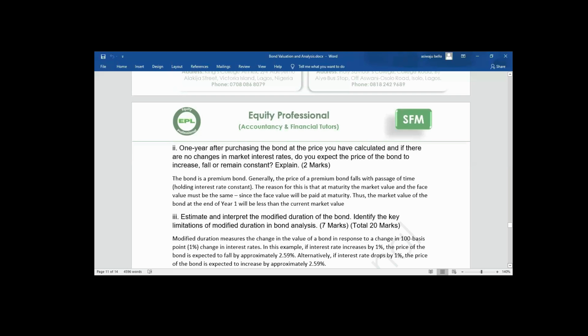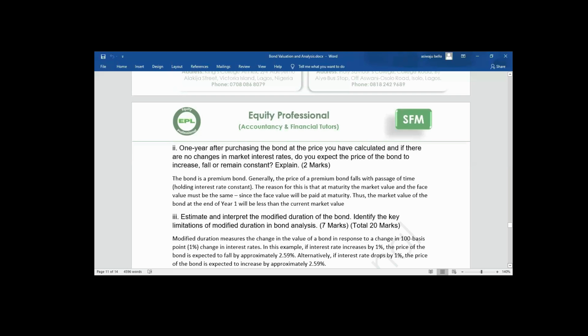The question is, what is modified duration? How do we estimate modified duration? Without wasting time, modified duration is closely similar to duration.